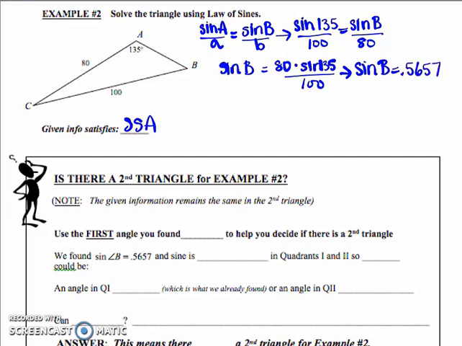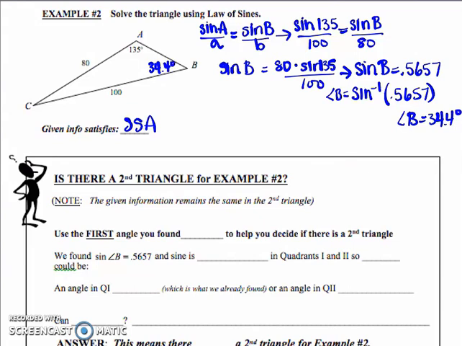But now to find angle B, I have to do inverse sine on my calculator. So angle B is going to be equal to the inverse sine of 0.5657, which gives me 34.4 degrees. Again, check this on your calculator and make sure you know how to do the computations. So I've got my angle B, it's 34.4 degrees.